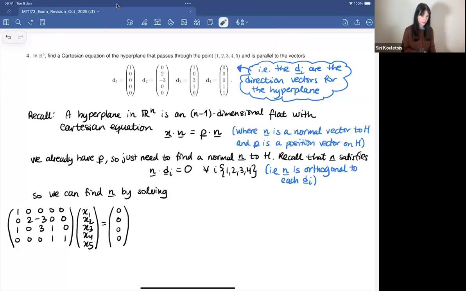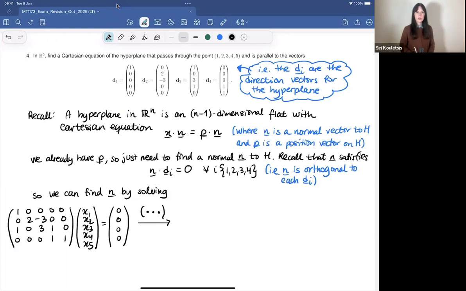So setting it up like this is precisely setting up for each d here, n dotted with d equals 0. And so the null space here, the solution set, will be one-dimensional, and we can take any non-zero scalar multiple of the single vector that will come out here.